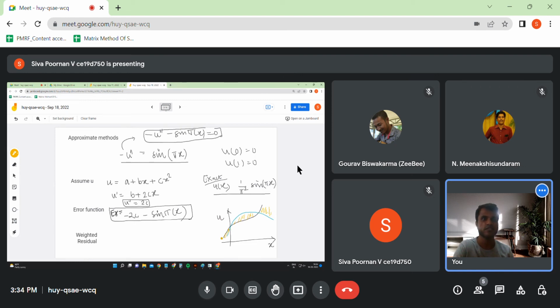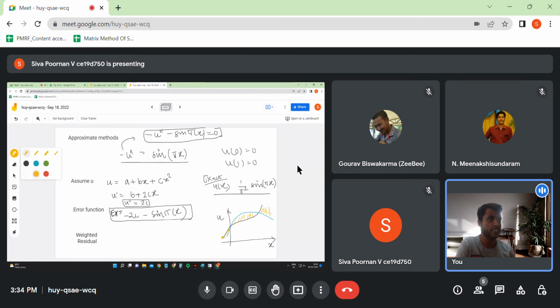Is it not? Because at certain points 2c might be greater than sin pi x and at certain points 2c might be lesser than sin pi x. So if I add everything up, it might show that the error is 0, but actually there is a finite error. As we can see, the blue curve and the black curve are not exactly the same.